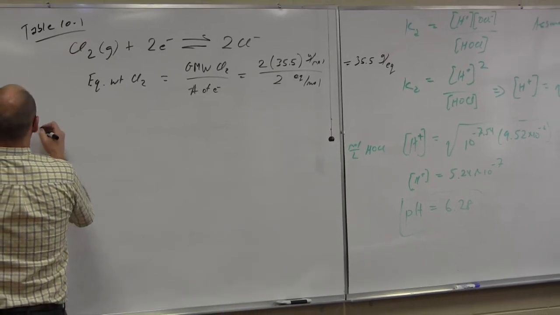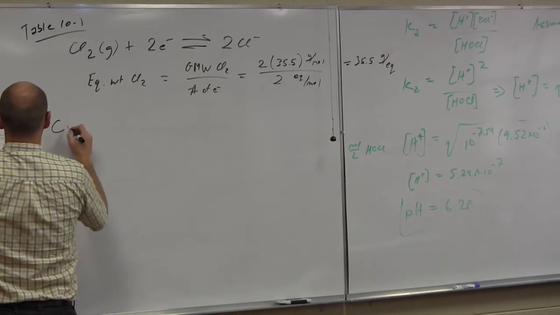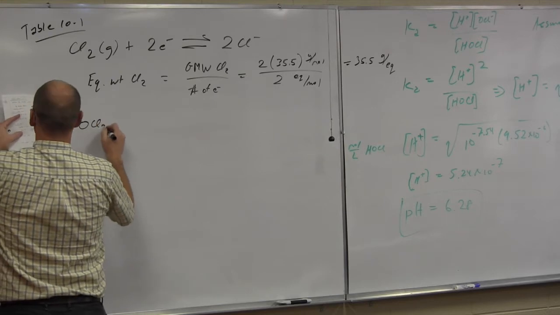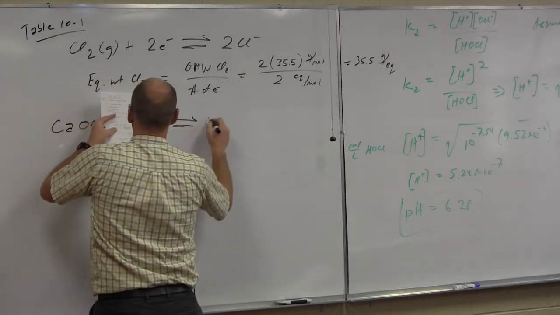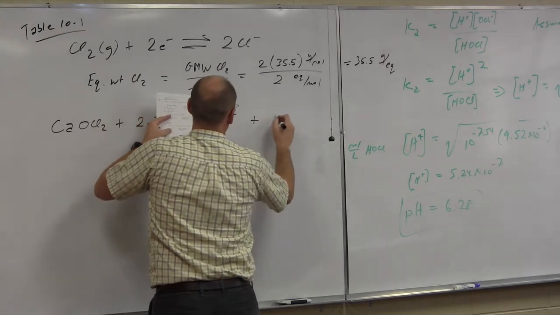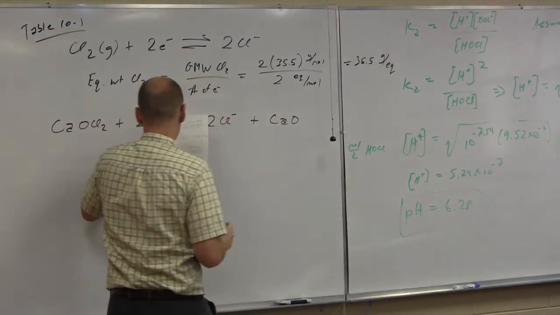Then, also from table 10.1, we have CaOCl2 plus 2 electrons gives us 2 Cl minus plus CaO.